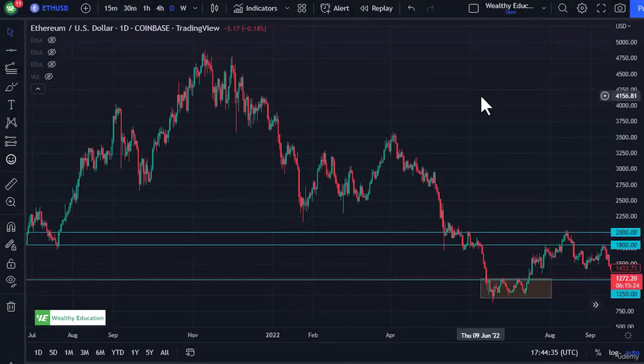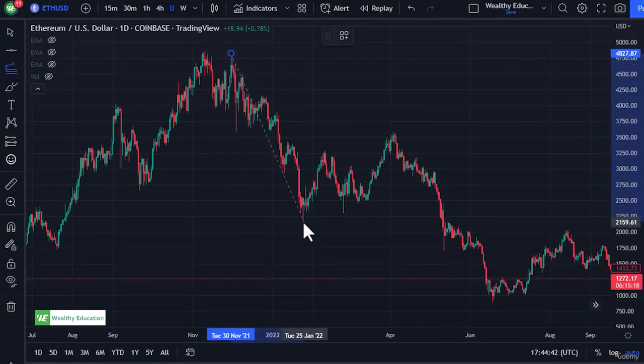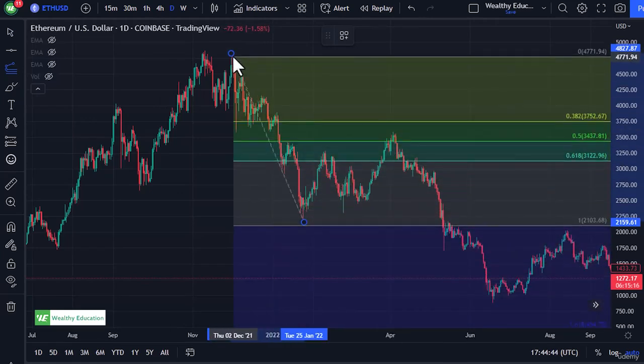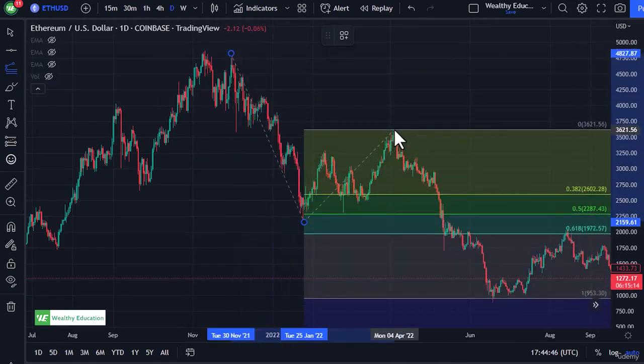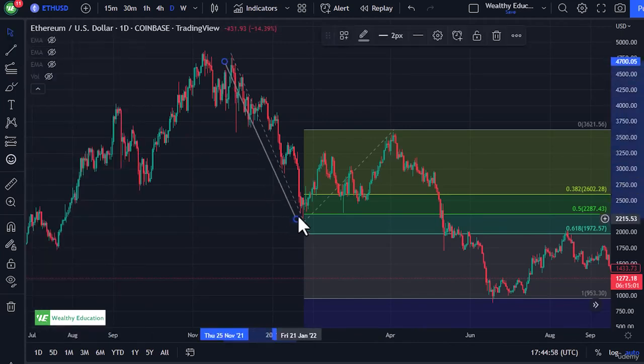Let's do the Ethereum markets. Get rid of the drawings. So what this represents is, so that's 100% of the original move, right?